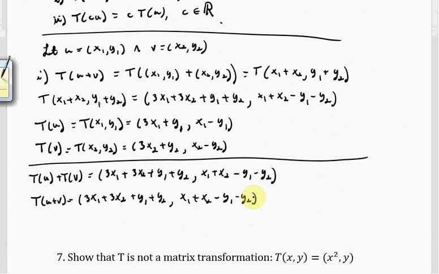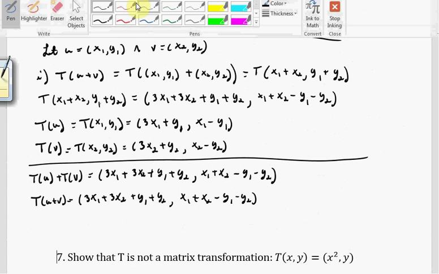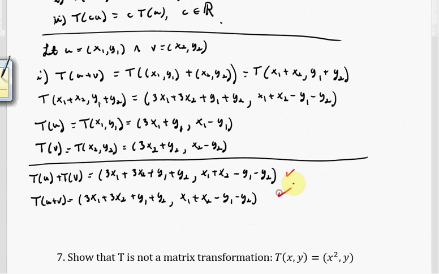Well, they're the same thing. So you conclude that that was the first part: T of U plus V is the same thing as T of U plus T of V.